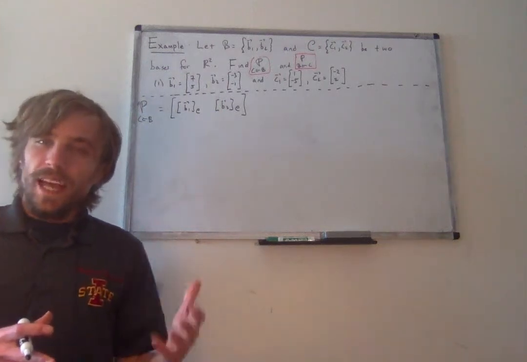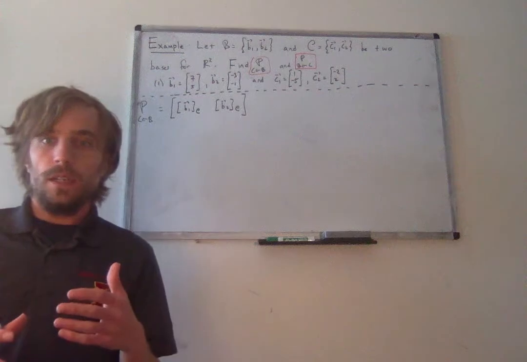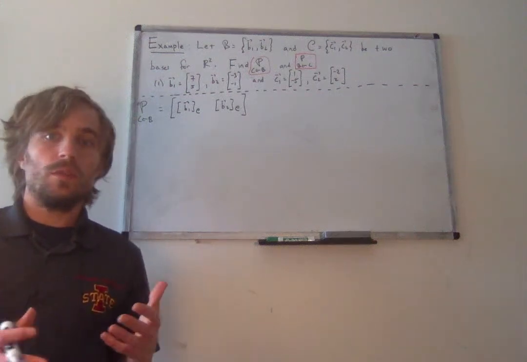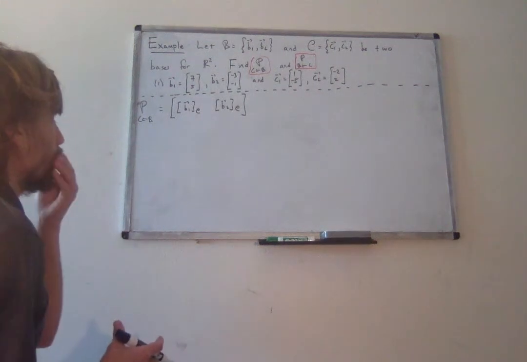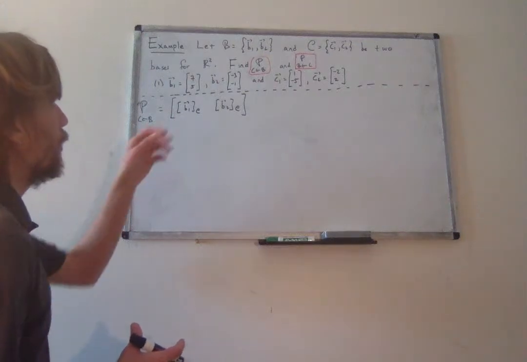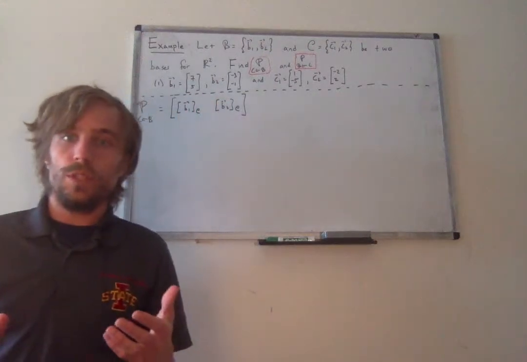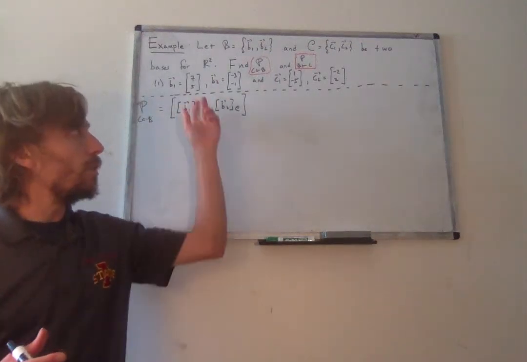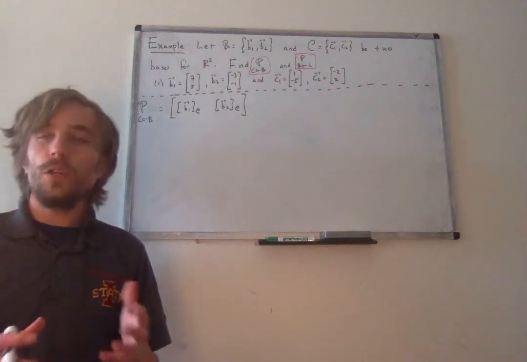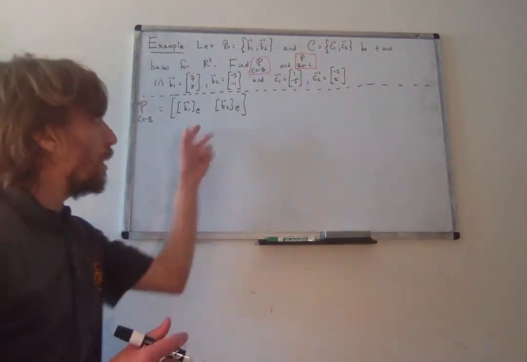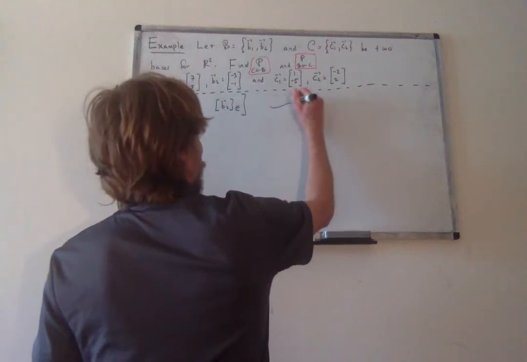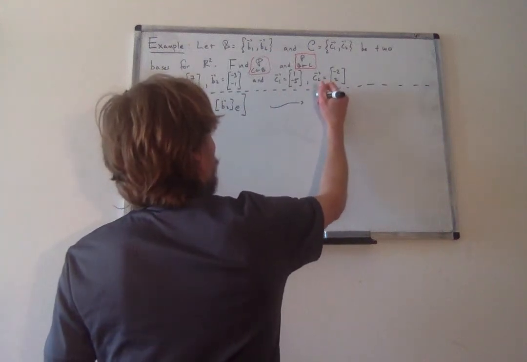Last video, the big thing was that we were given the B1 and B2 representations under the basis C, in terms of these C1 and C2 vectors. Here we don't have them, but since we're in R2, we have a way to solve for them.